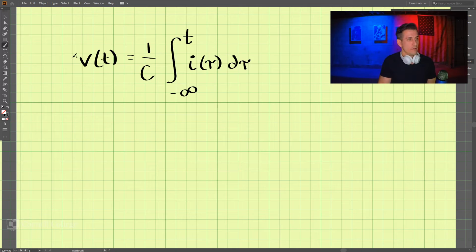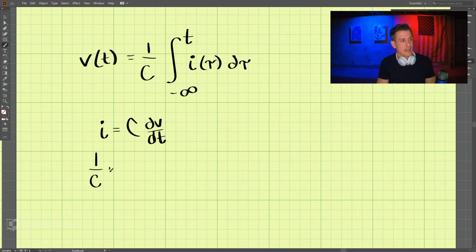This is nothing more than just integrating this equation. So we have I equals C dv dt. If we move the C to the other side, we get 1 over C times I equals dv dt.